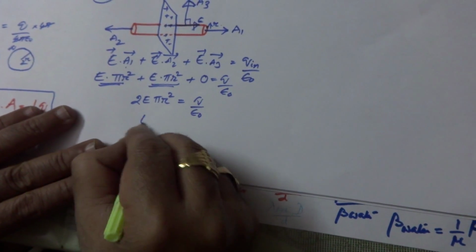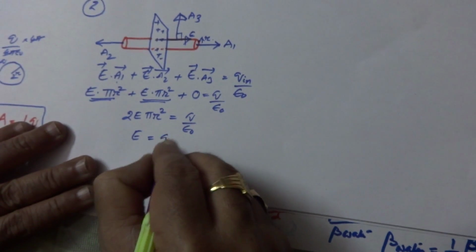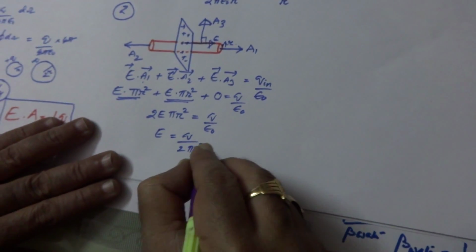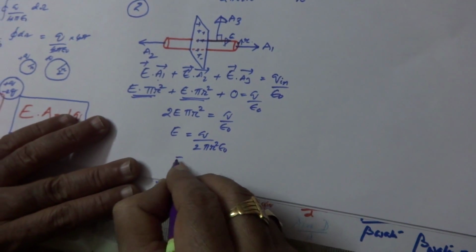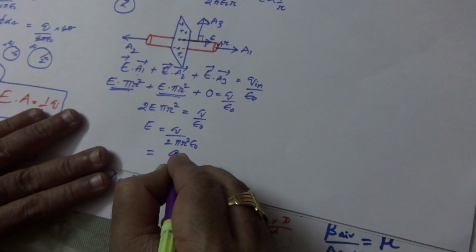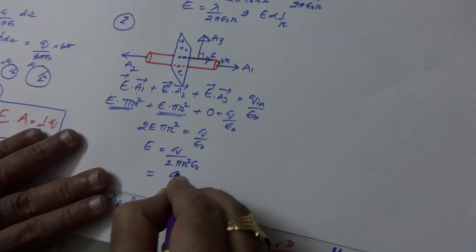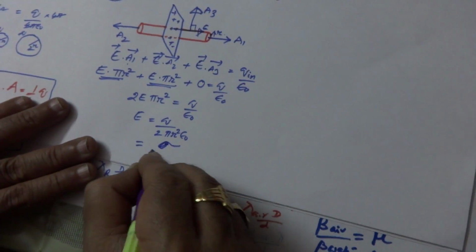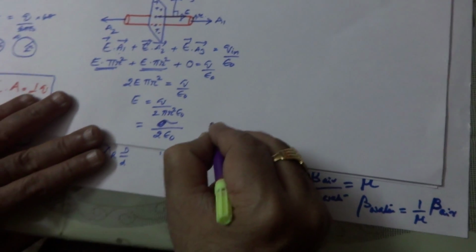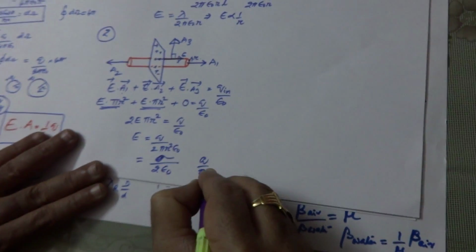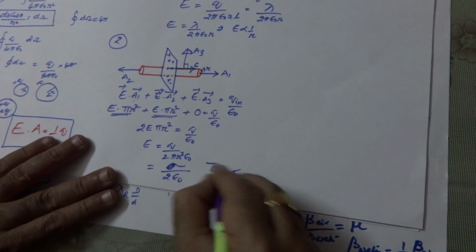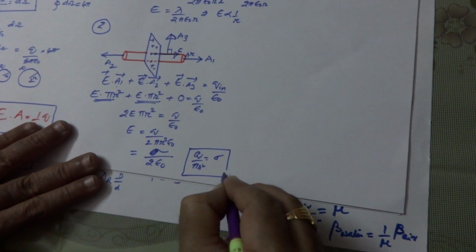Now, E is equal to Q by 2 pi r square epsilon 0, and Q by pi r square is sigma, the surface charge density, so E is sigma by 2 epsilon naught.